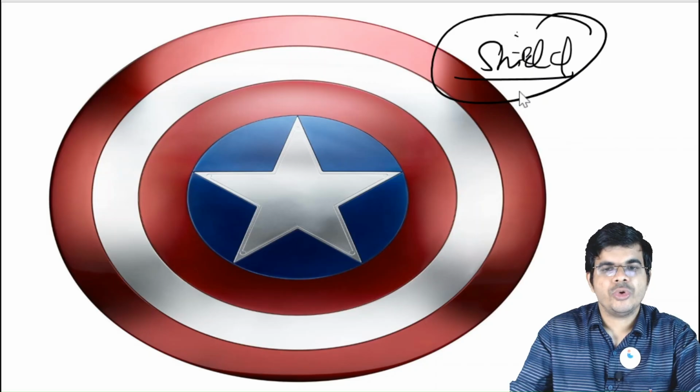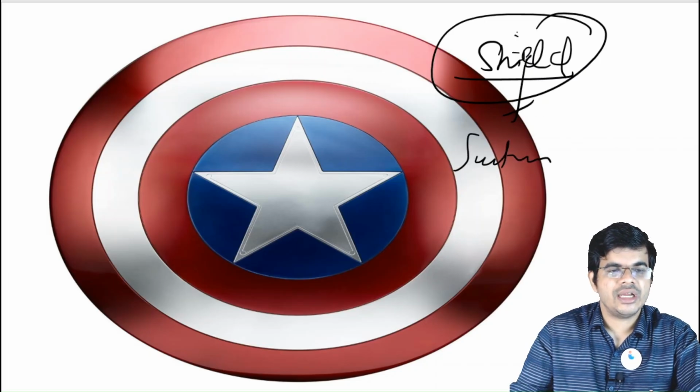Now, what do you mean by scutum? The word meaning of scutum is shield. This is the shield of Captain America, right? So scutum means shield, and the scutum is like a shield in the area of the epitympanum.